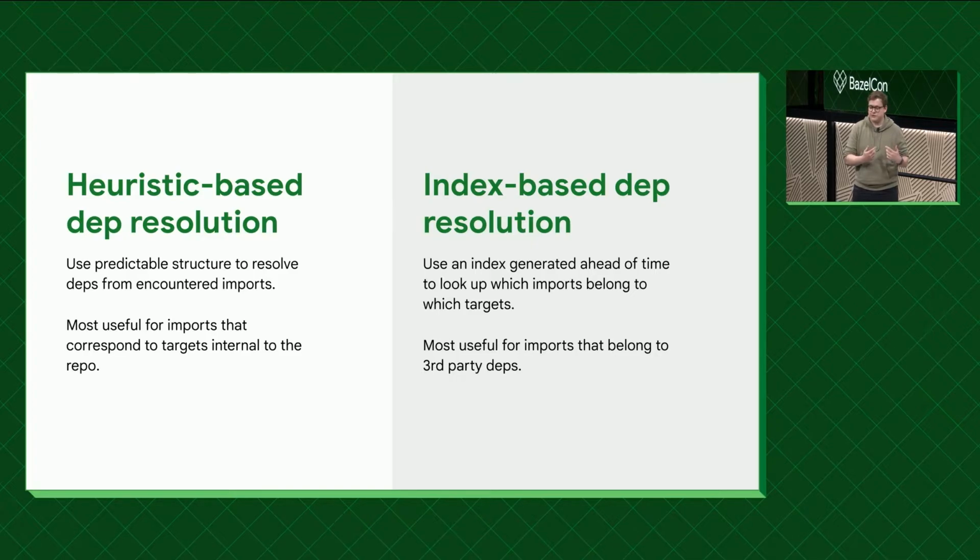That's cool, but it didn't really work for our use case because we had a really complicated 10-year-old repo that wasn't as simple as Gazelle likes it. And it was slow because it would have to construct this gigantic index whenever it would run. So we came up with two other types of dependency resolution that our extension would use. They both have problems, but we'll talk about how they're complementary.